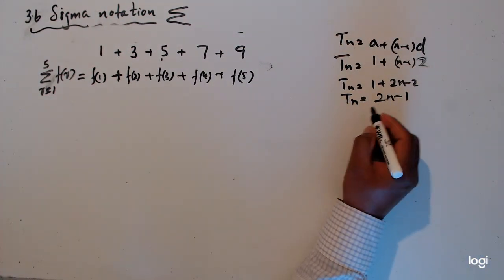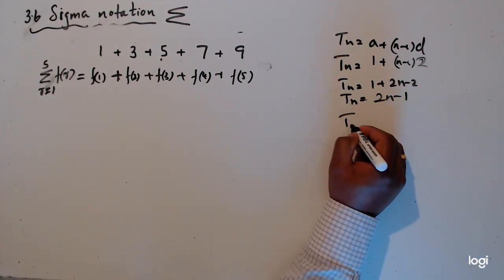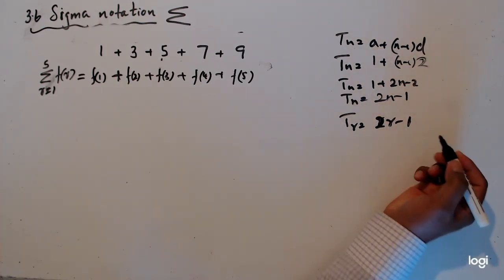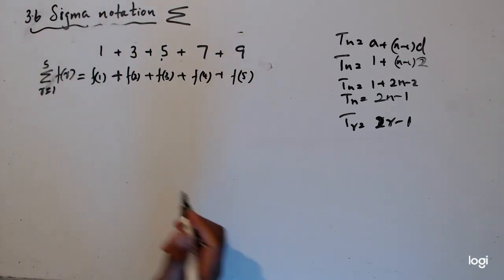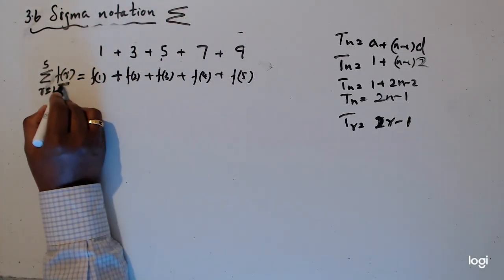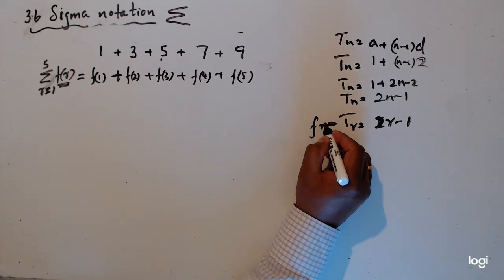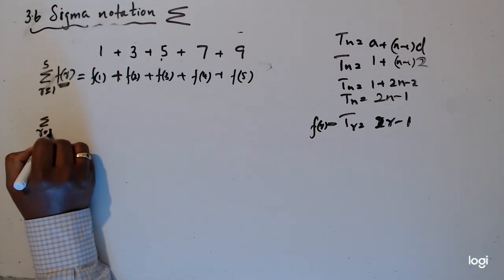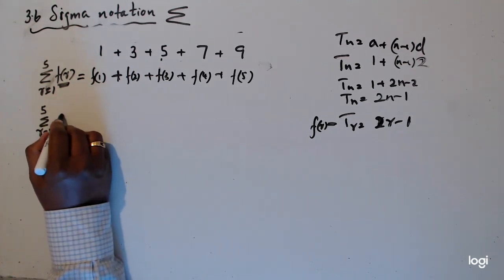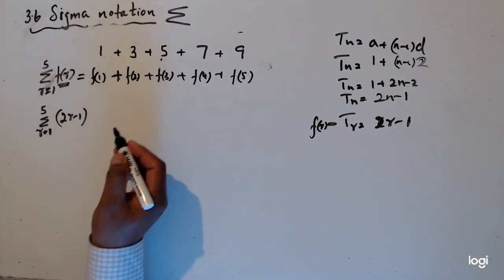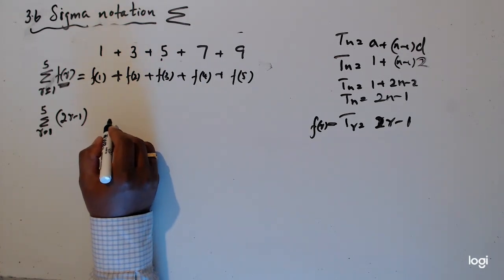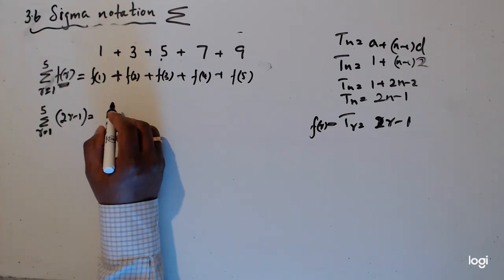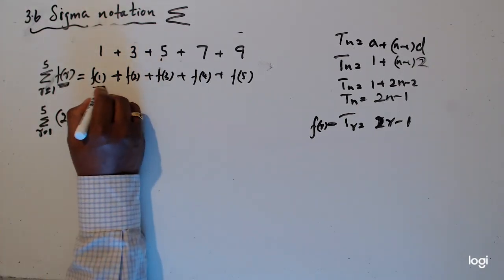So how do we write the r term? Tr is 2r minus 1. So now we can write the r term, we can write fr as well. So summation r equal 1 to 5 of 2r minus 1 equal, how do you write f1 now?